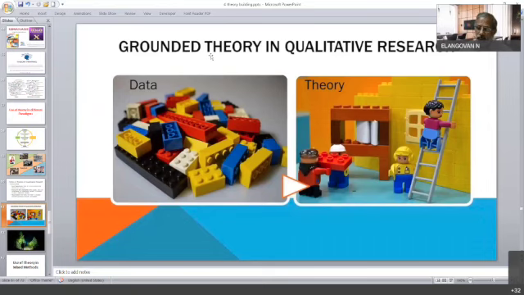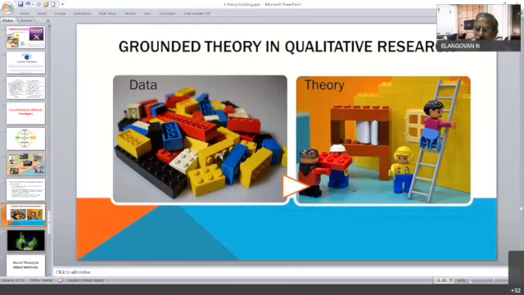Qualitative research. Many of us ask, in qualitative research, where is the theory? Theory is embedded inside the data. We need to search for it. You can look at this. This is data. Within this, there is a theory. That's why we call it grounded.